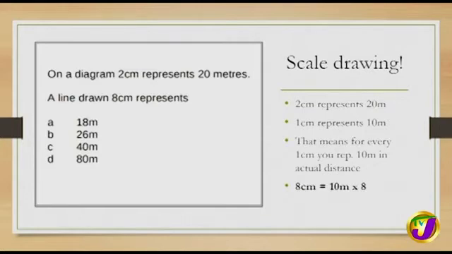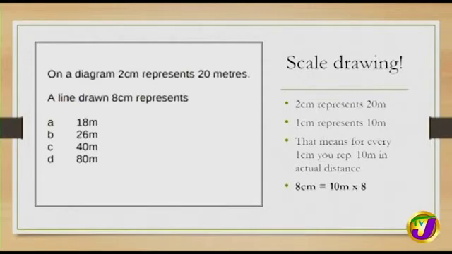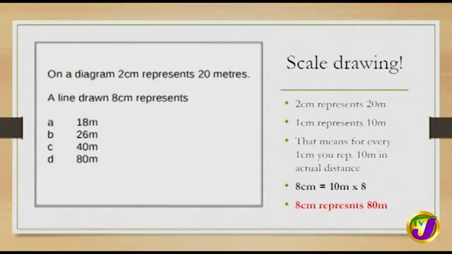They're asking you how much the line drawn for 8 centimeters would represent, in meters. For every centimeter, you get 10 meters. And how many centimeters you have? 8. So 8 multiplied by 10 gives us 80 meters. So 8 centimeters represents 80 meters. All right.